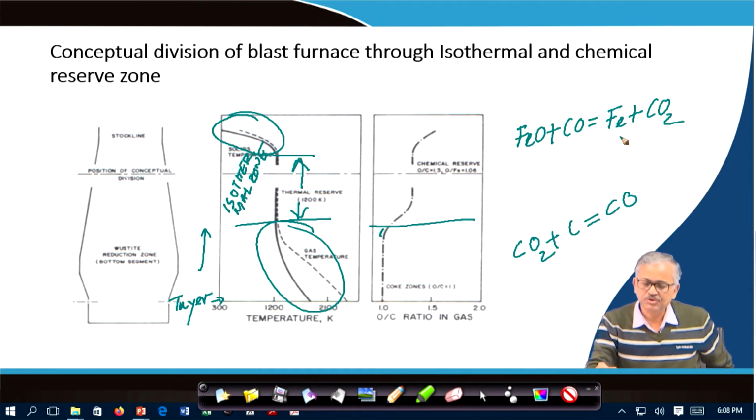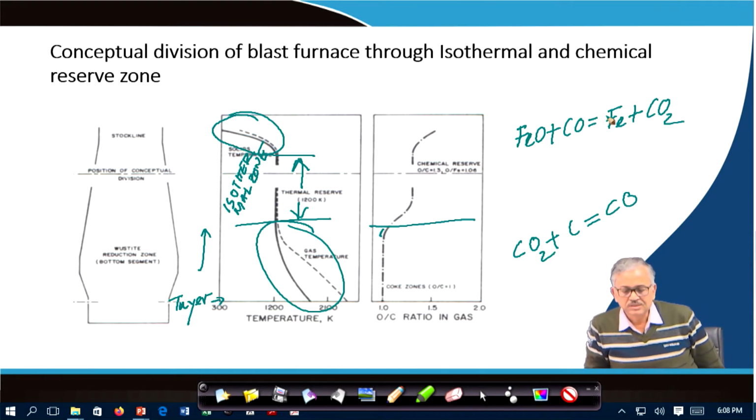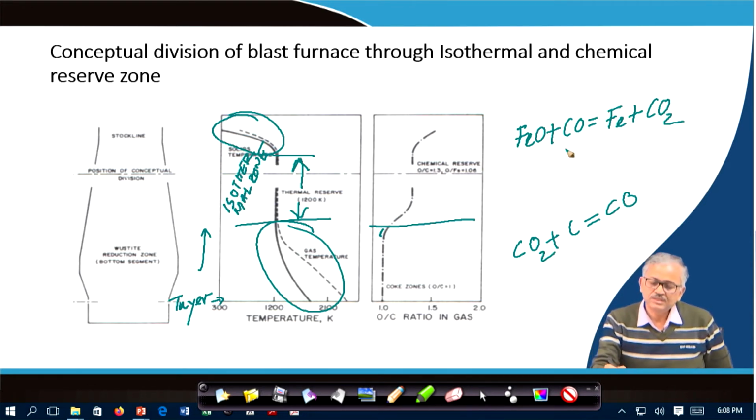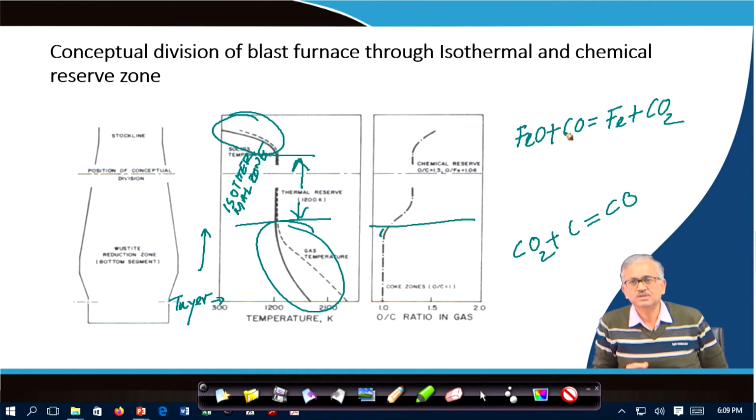This reaction comes into equilibrium, and as I said in the thermodynamics class for the blast furnace, what we found is that for this indirect reduction, CO utilization is only 30%.